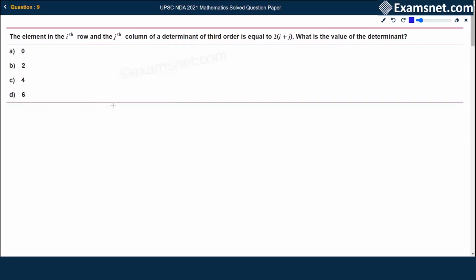Since it is given that the element in the ith row and jth column of a determinant of third order, we can denote it as Aij, a 3 by 3 square matrix. This element, in the ith row and jth column, should be equal to 2 multiplied by i plus j.